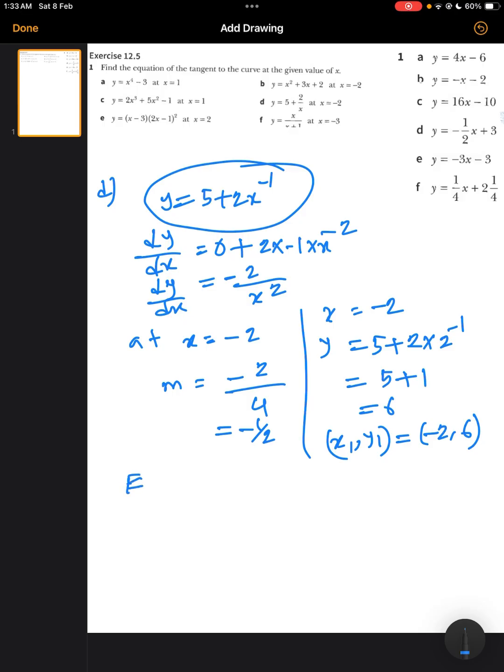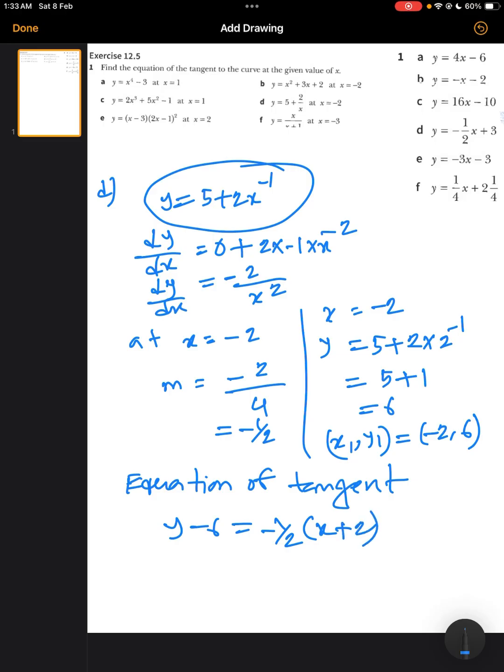Equation of tangent: y minus y1 equals m, minus 1 by 2, times x minus x1, which is 2. So y would be minus x by 2 minus 1 plus 6, minus x by 2 plus 5.